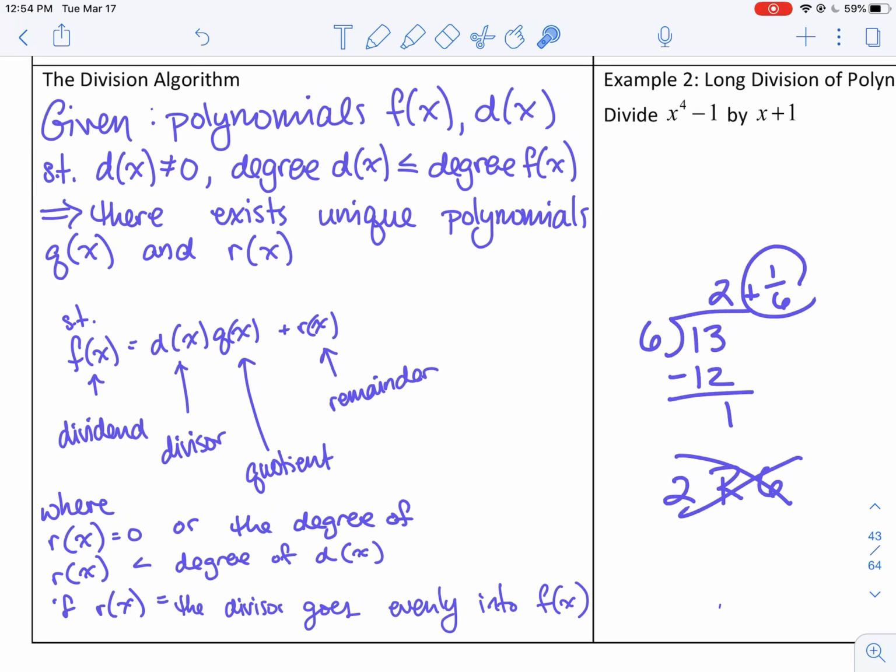That makes sense. So now let's go ahead, get rid of this, and look at some polynomial long division.